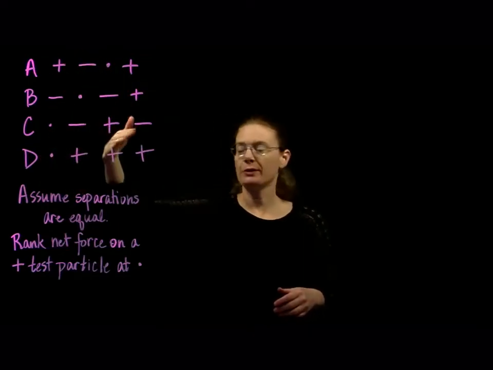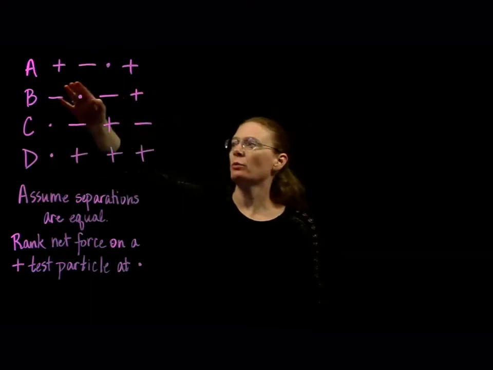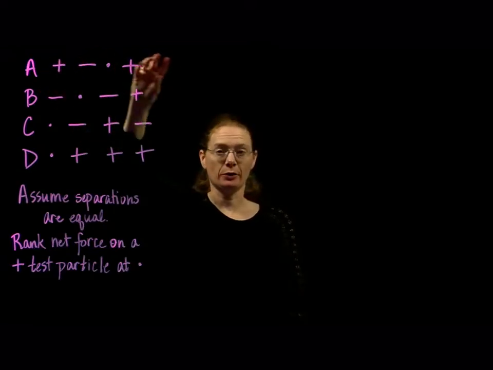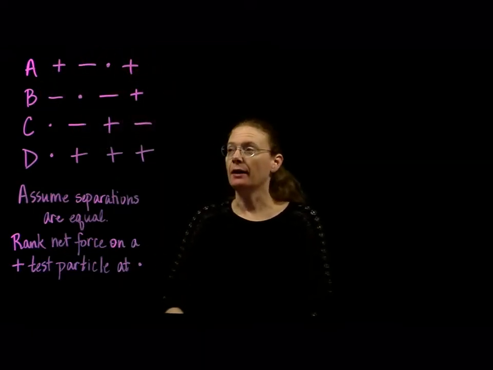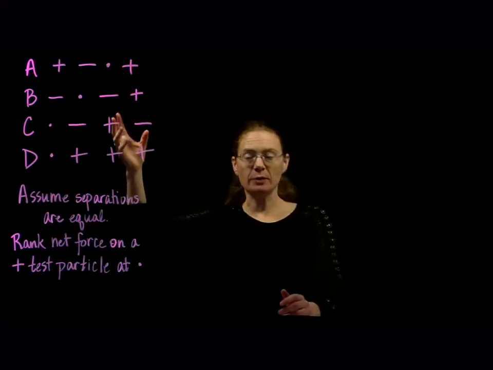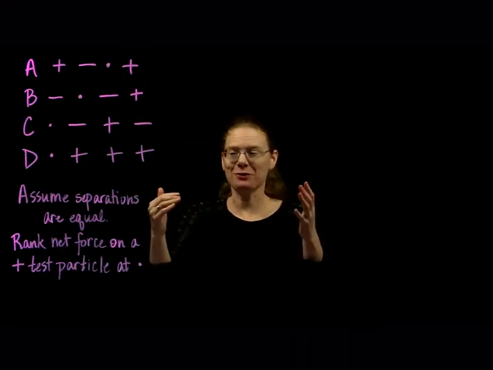Here I've got 4 different situations, and we're going to have a bunch of charges, positive or negative, and then we'll have a dot, or sometimes it's just marked with a P for this position.